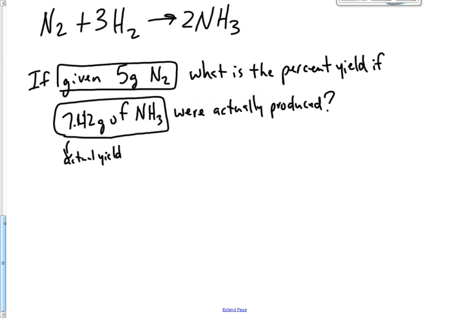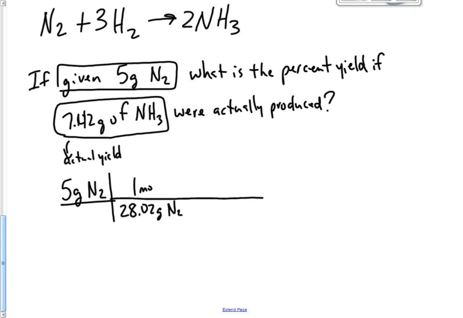Okay, so we're going to say we have 5 grams of N2, convert those grams into moles, so 28.02 grams of N2 per 1 mole of N2. We want moles to divide out, so we're going to do our mole-to-mole ratio. So 1 mole of N2 is going to give us 2 moles of NH3.